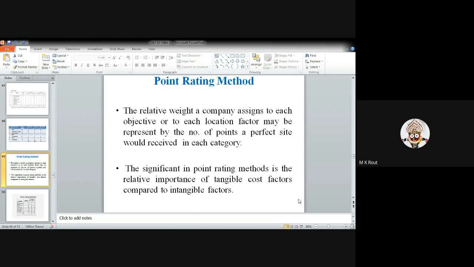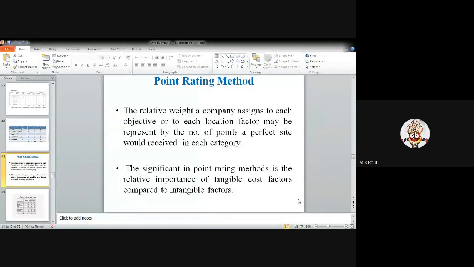So they provide some weightage, as in the factor rating method, assigned by the company side to each location factor.